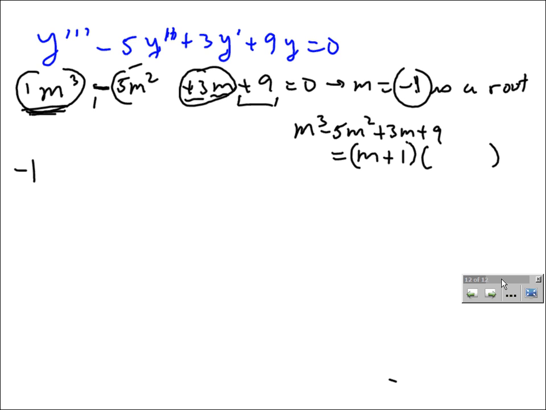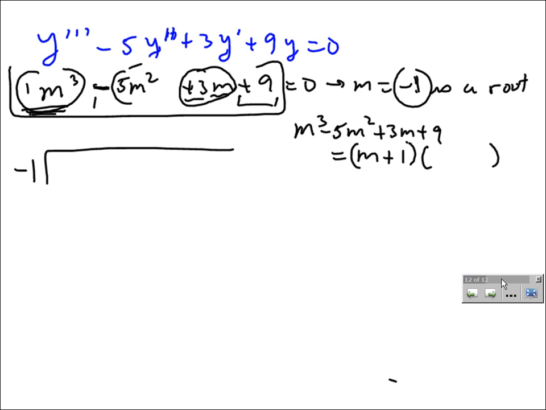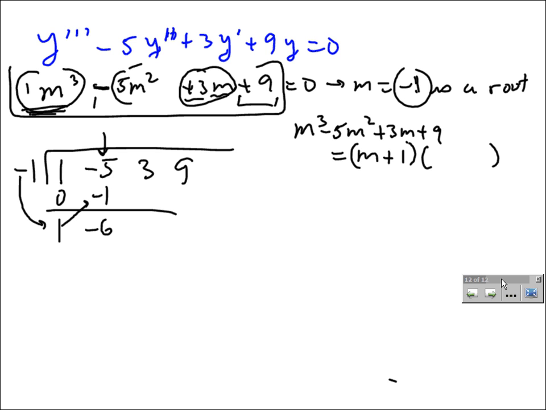We're going to do synthetic division. And I come here. I have 1m cubed minus 5m squared, 3m's, and a constant is 9. My style, I like to put a 0 here. I add the 1 and the 0, I get my answer. I multiply, and I put my answer there. I add the negative 5 and the negative 1, get negative 6.